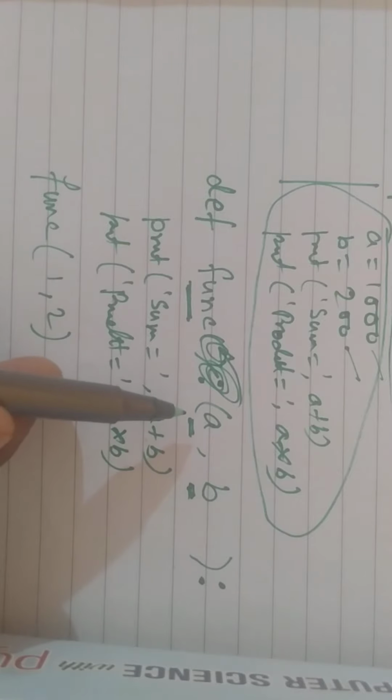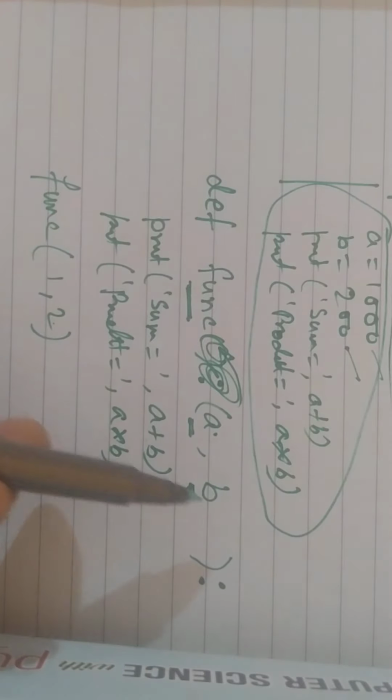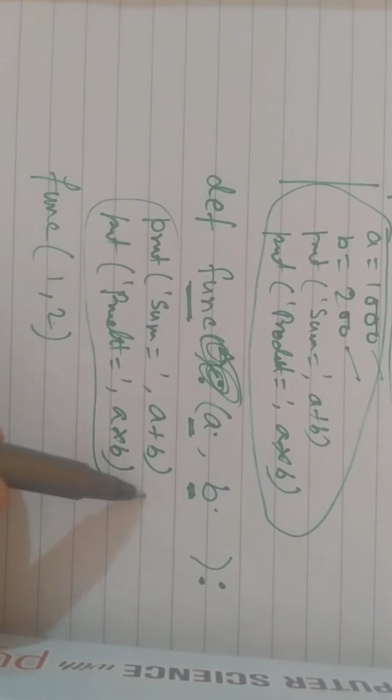Now, if we want to call this function func using different values, then we have to write the command func(1, 2). The function will be called for the values of 1 and 2. This 1 will be passed to a and this 2 will be passed to b, and these two print statements, the statements related with the function, will be executed.